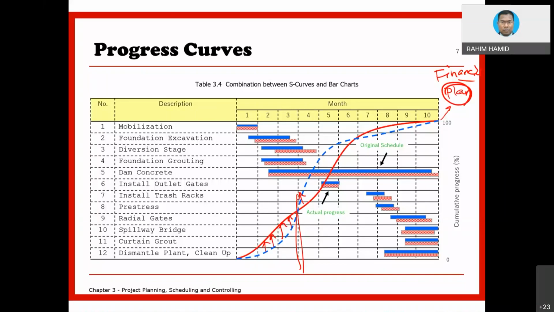The most important thing is that you end up at the same point, and this is what we call practical completion. That should be the idea behind the original plan. You plot the actual one, and if it is not according to the original plan, you need to catch up.